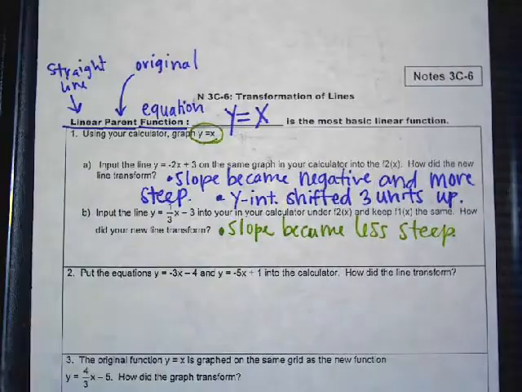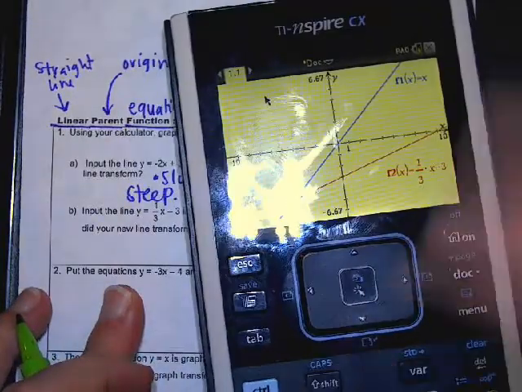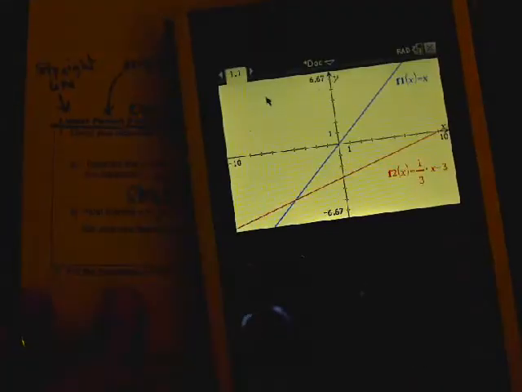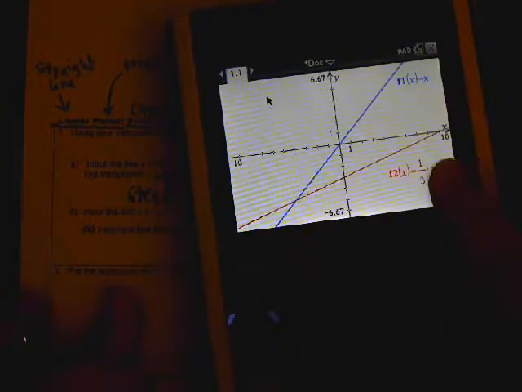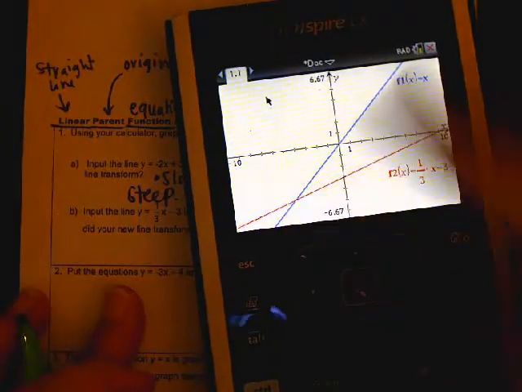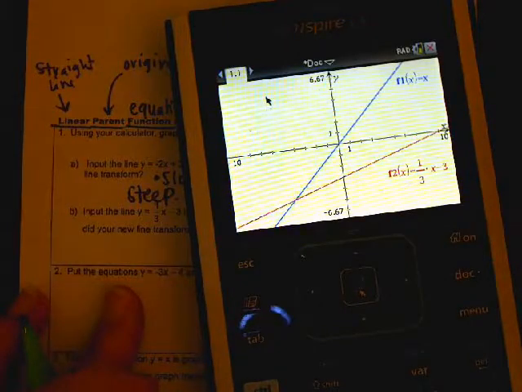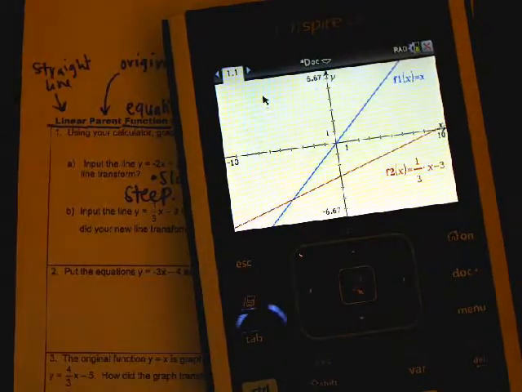Did it switch from positive to negative or negative to positive? No. They're both going in a positive direction. So I don't need to say anything about the positive or negative because it didn't change. They both stayed positive. Okay?